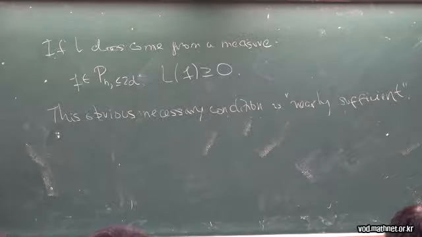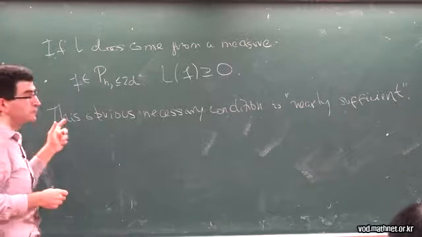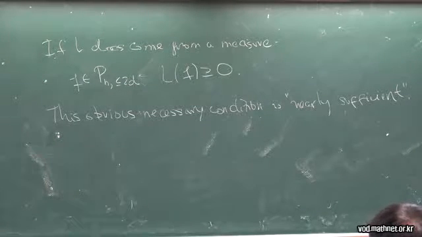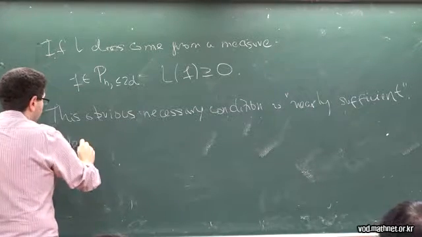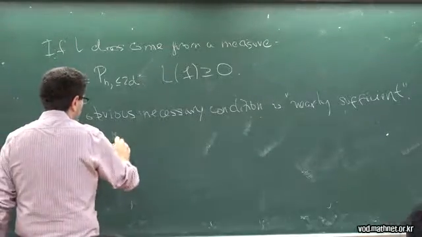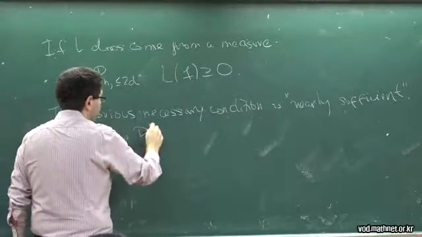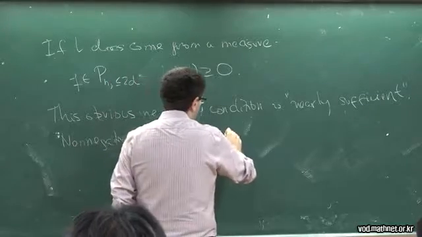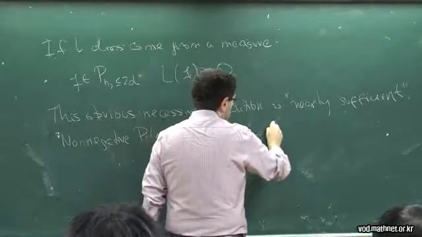But almost always this is enough. And so what is this really saying? It is really saying that non-negative polynomials are dual to measures.